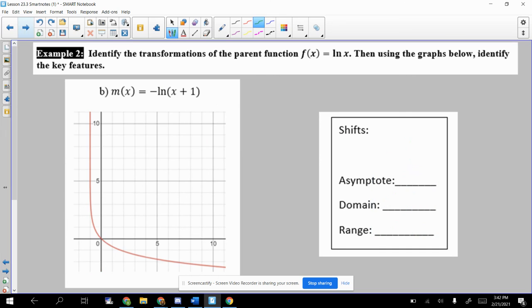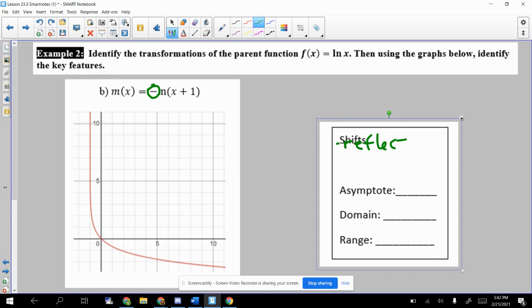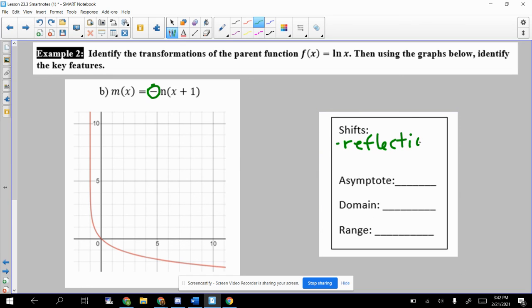Okay, let's try another one here. So to identify our transformations, we've got that negative out front, so a reflection. And then we've got this +1, which actually means it's going to move to the left 1. Remember that? So then our asymptote is now also going to move to the left 1.